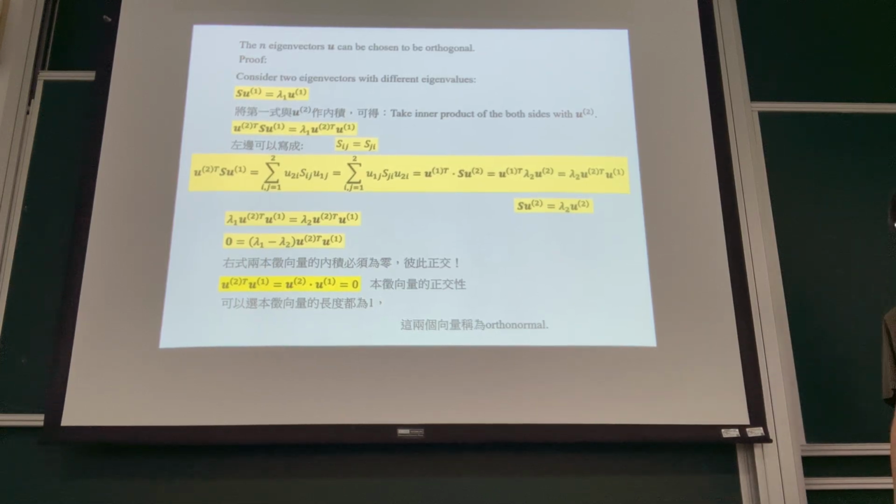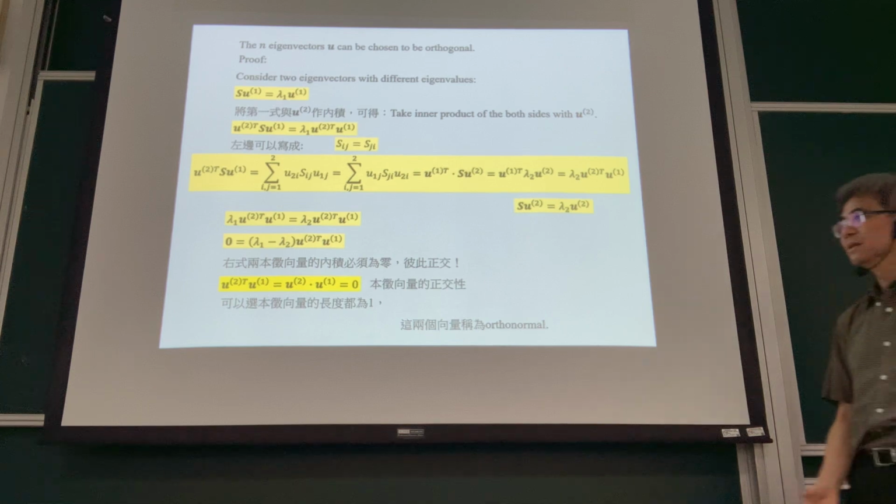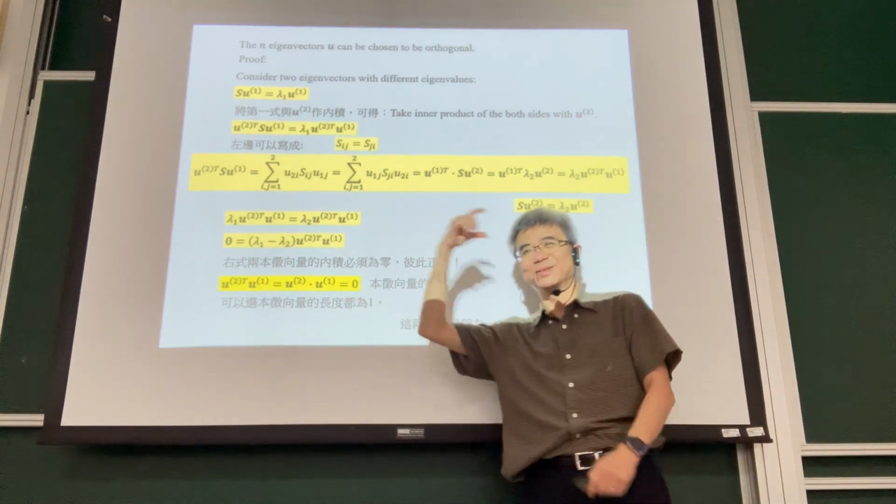So any two eigenvectors are orthogonal to each other for a symmetric matrix. Whatever kind of symmetric matrix it could be, any kind. As long as you can write it down, I can assure you eigenvectors are orthogonal.